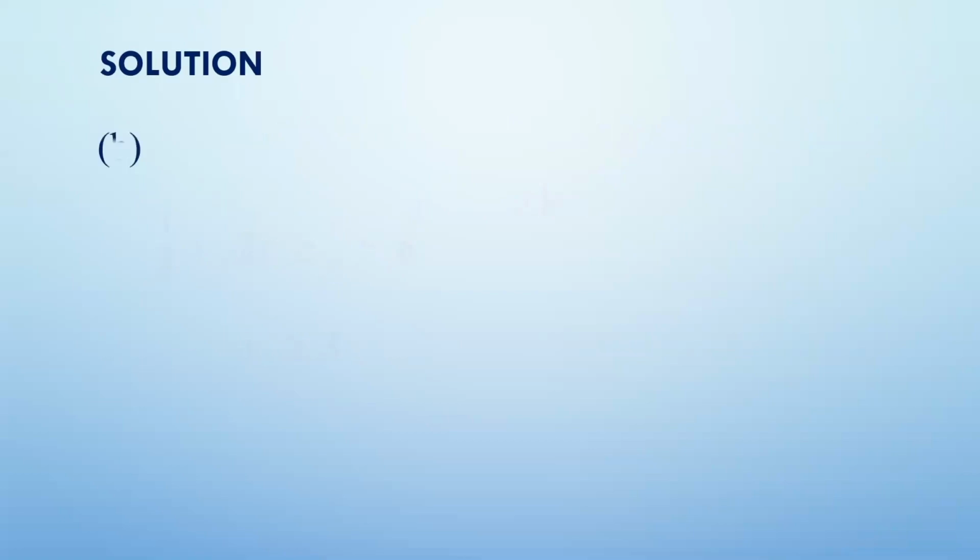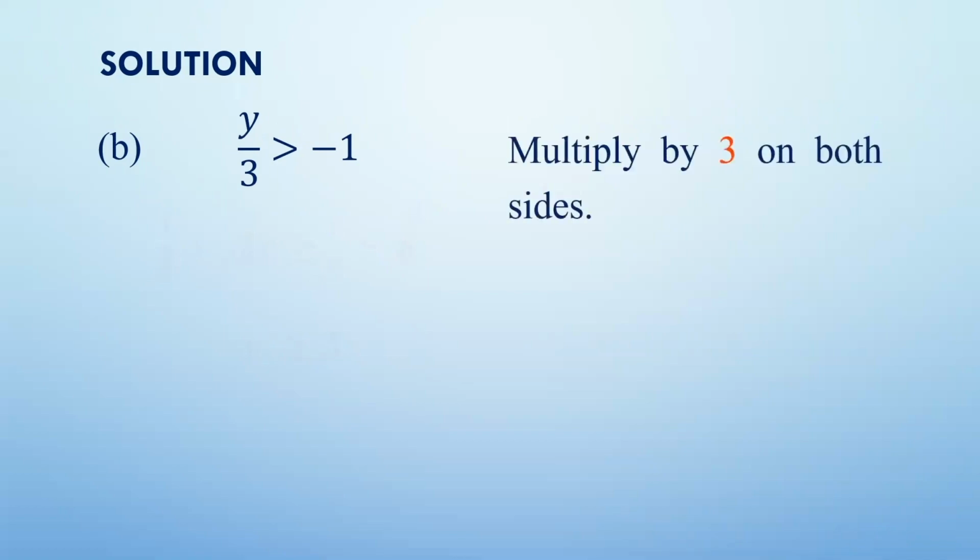Part B, y over 3 greater than negative 1. The multiplicative inverse of 1/3 is 3. So I multiply by 3 on both sides. And I get y greater than negative 3.